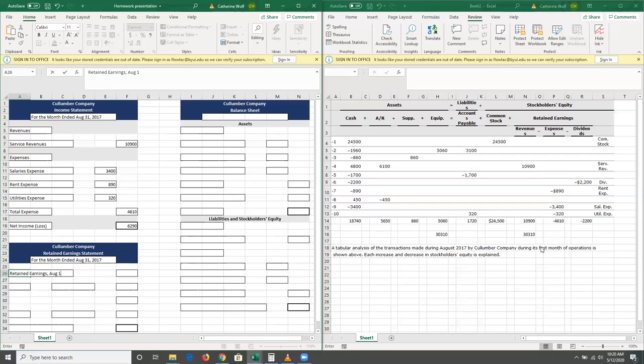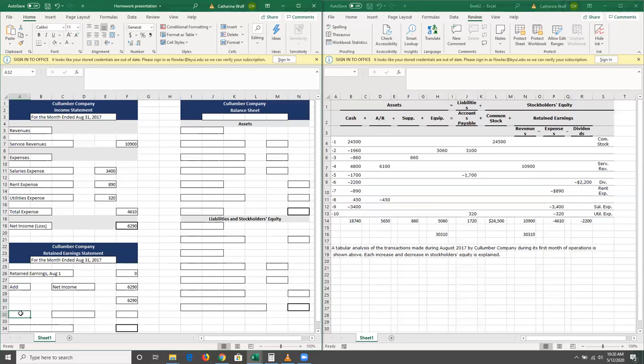It's its first month of operation. So its retained earnings is going to be 0 because it didn't have any earnings from before. Next thing you're going to do is add the net income over here, which we can see right here is 6,290. And that, of course, also totals 6,290 because you're adding 0.